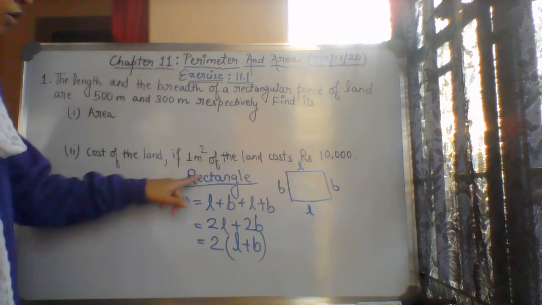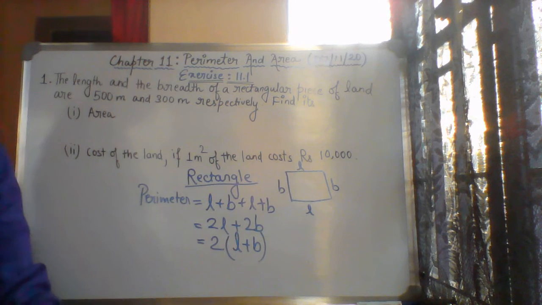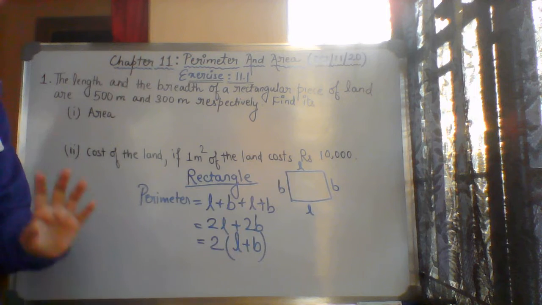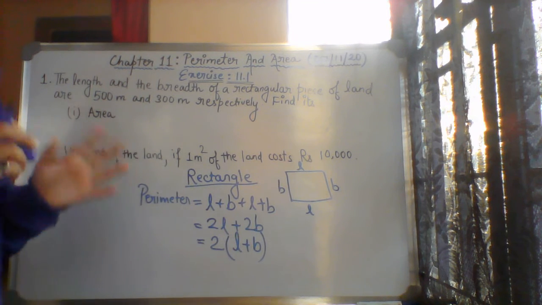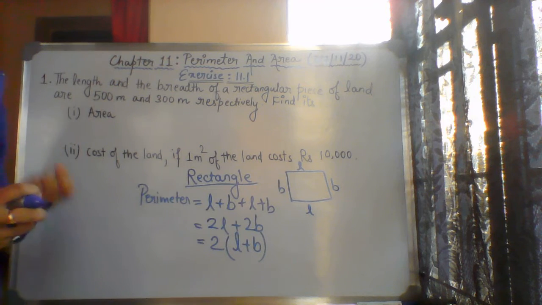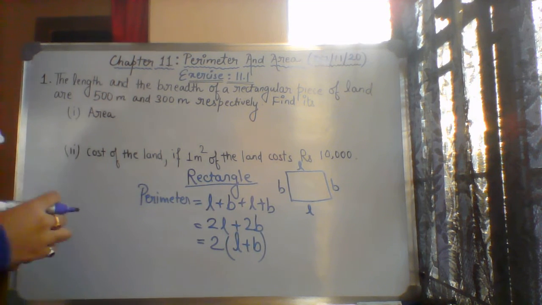So the perimeter of the rectangle equals twice of length plus breadth. If you forget that formula also, you can easily derive it. Just apply the concept: perimeter means we are going to find the boundary length.